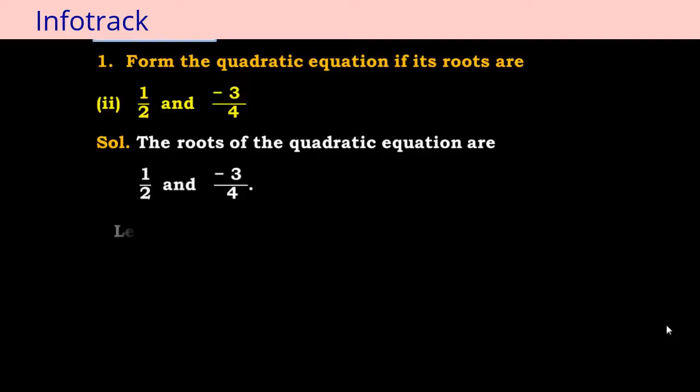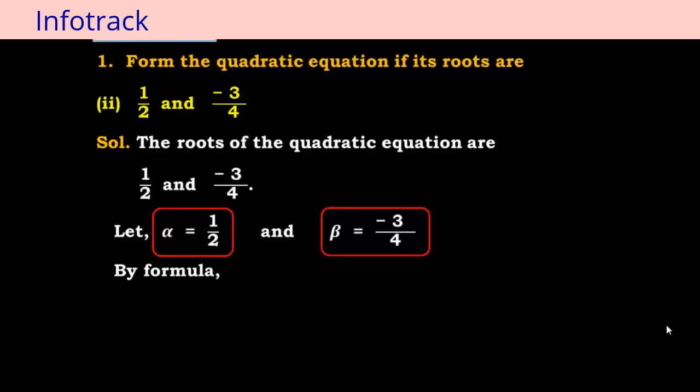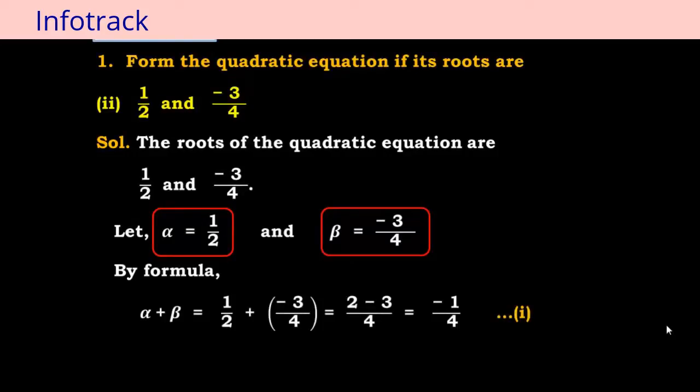That means alpha is equal to 1 upon 2 and beta is equal to minus 3 upon 4. So we can write alpha plus beta first and then alpha into beta. So by formula, alpha plus beta is 1 upon 2 plus minus 3 upon 4.